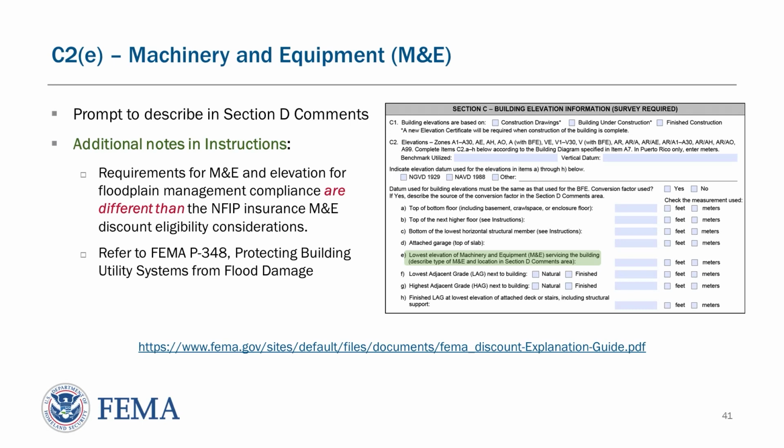So the elevation certificate form instructions now provide an example, non-exhaustive list of machinery that could be measured for C2E. This is intended to prompt surveyors to measure the lowest of all machinery, not just the lowest of those listed in the instructions. If you'd like to read more about how to protect machinery from flood damage, check out FEMA Publication 348. Information about the mitigation discounts can be found at FEMA.gov.